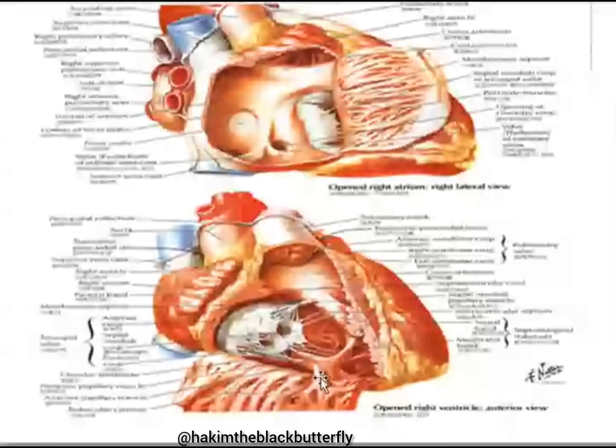The moderator band picks electrical impulses for contraction from the interventricular septum, and brings them very fast to this anterior papillary muscle, so that they reach at exactly the same time as they reach other papillary muscles.